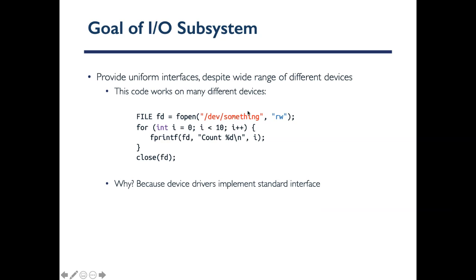It could be your keyboard, or any other devices that you have on your system. From the program's point of view, they're all dealt with through the system call interface that the operating system provides. So we'll talk more about this interface, but in a sense, we're treating them all as files.